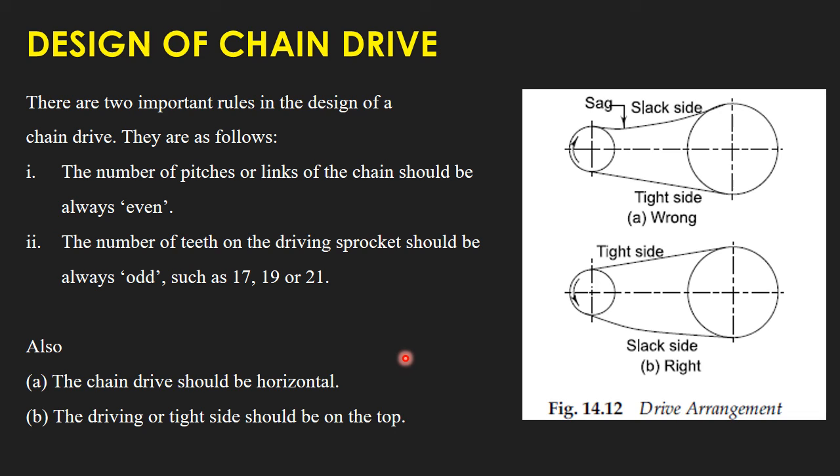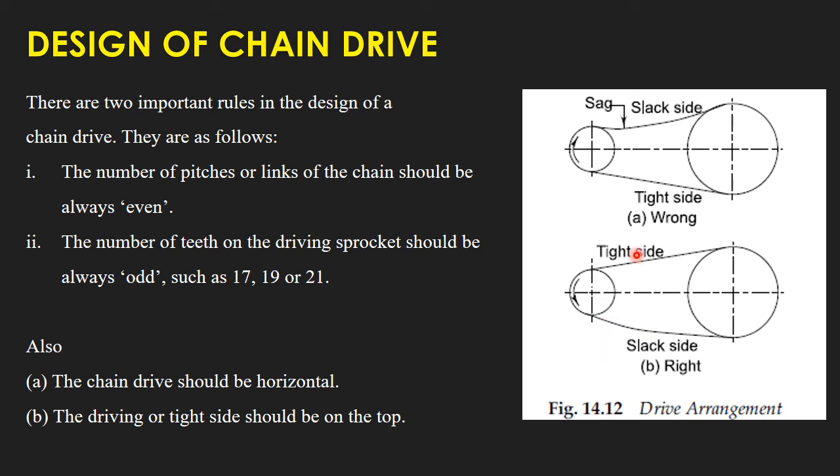That is one major disadvantage. To eliminate that sagging condition, we need to provide necessary tension so that it won't cause an outward shift of the chain. That's why horizontal chain drives are more commonly preferred.